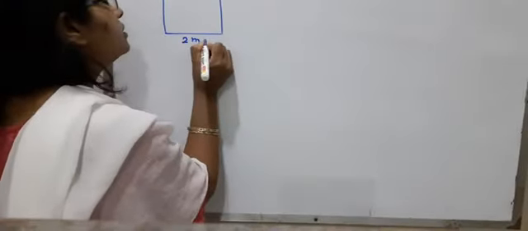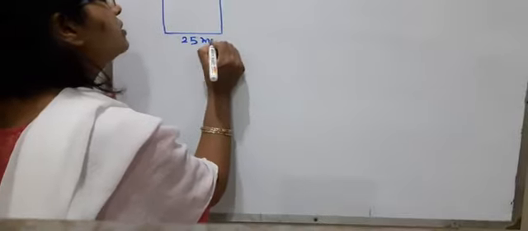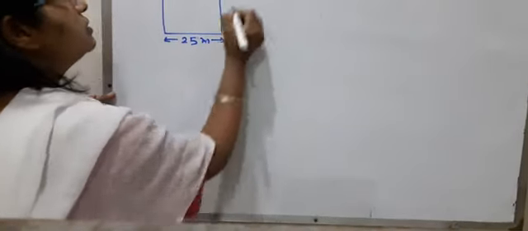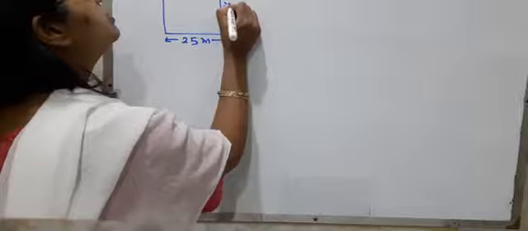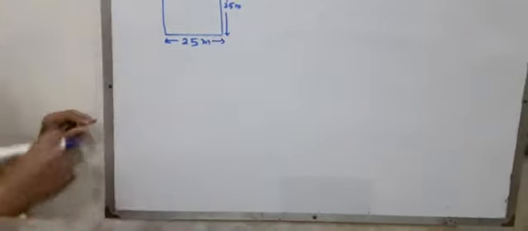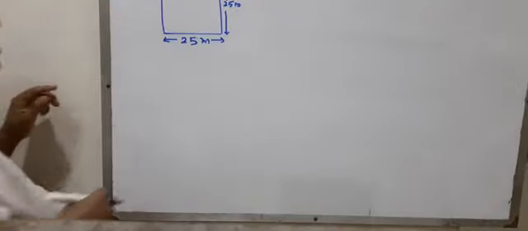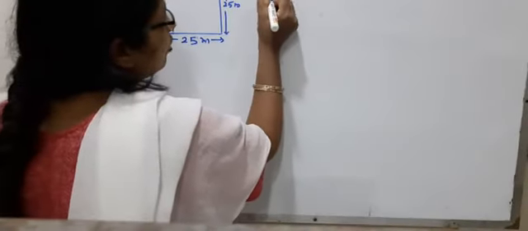In this figure, given a square plot, length is 25 meter. This is a square plot, so all sides are equal in length. Then first we find area of plot.